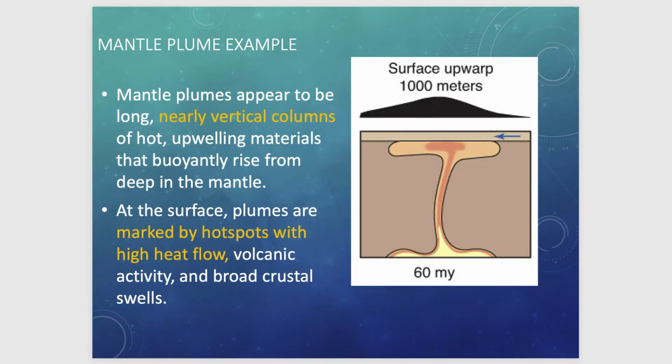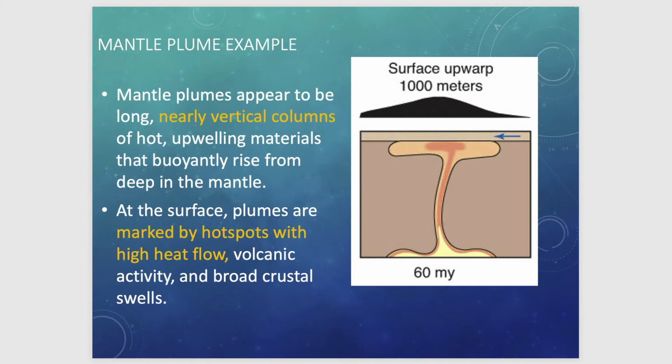Here is an example that shows the influence on the crust of a major plume. A mantle plume will appear to be extended. It usually has nearly vertical columns of hot upwelling material that will rise from deep in the mantle.